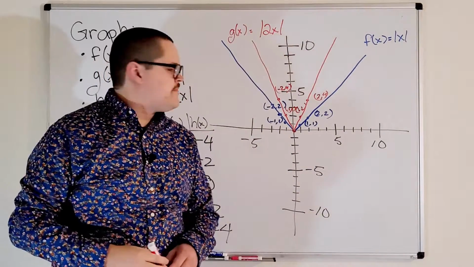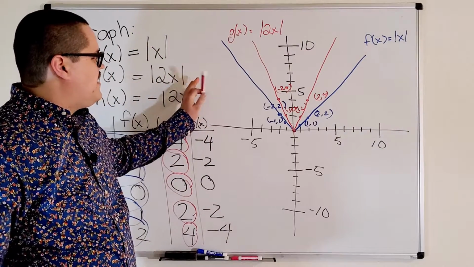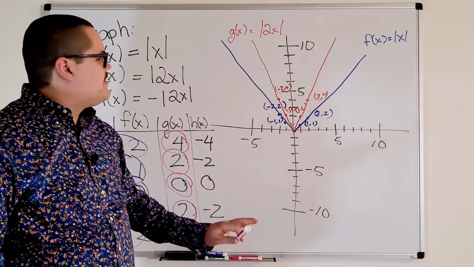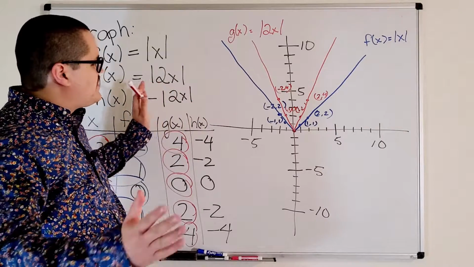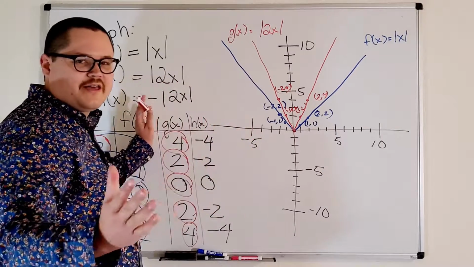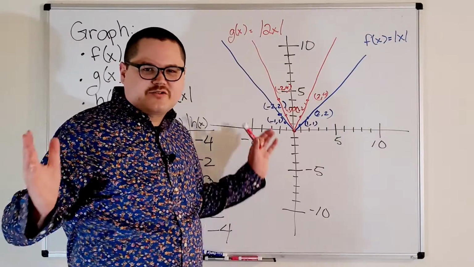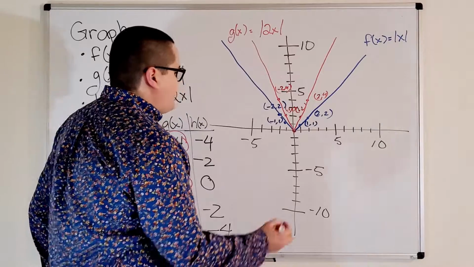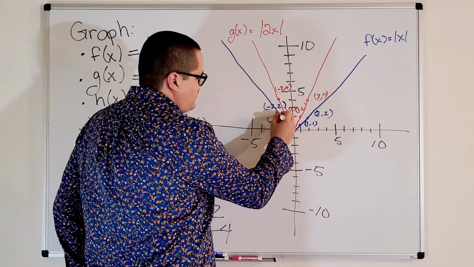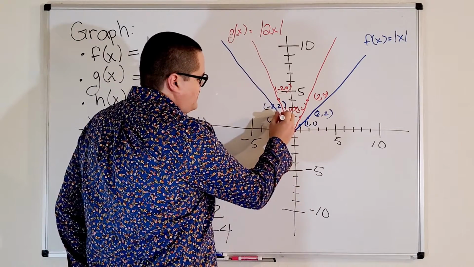As you can see, this graph is the same as the graph of f of x, except it's compressed along the x-axis. It's squeezed in from both sides. In other words, any point on the original curve moves in.